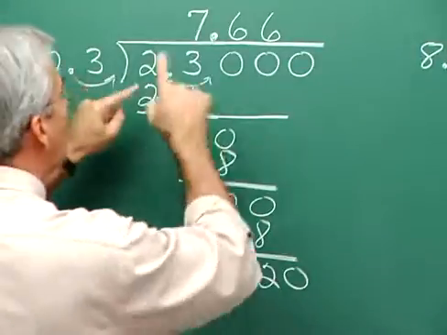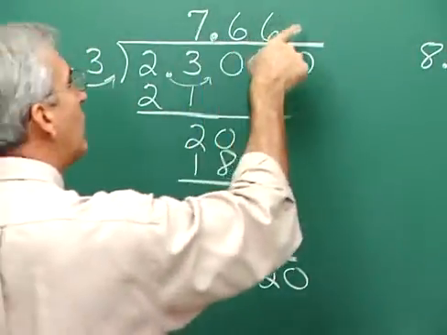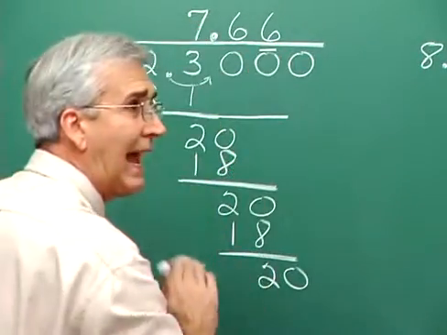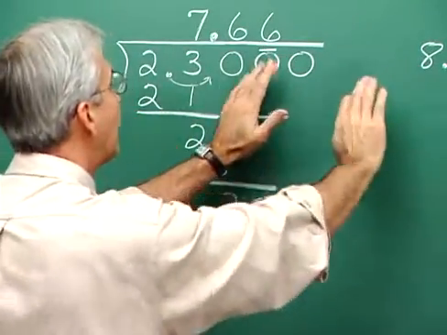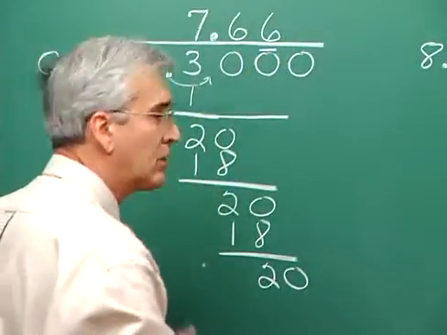So if I were going to round to the nearest hundredth, this is the hundredth digit, I would need to look at the next digit. Well, I don't yet have that next digit to look at. So I would have to carry my division process out far enough to where I can look at the next digit so that I can round to some target.